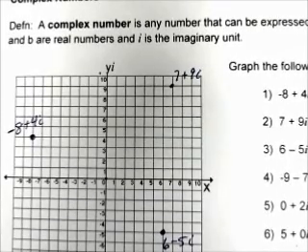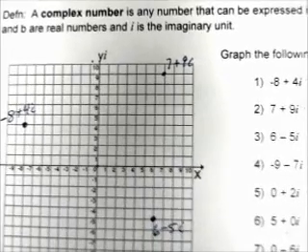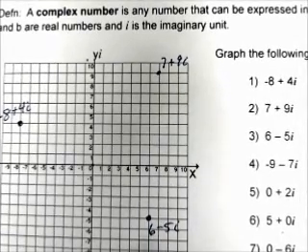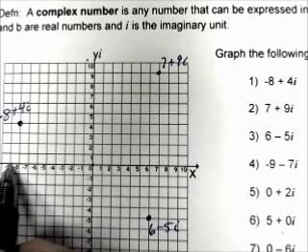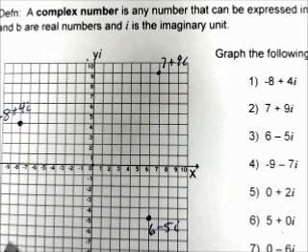Try the next 4, pause the video, try the next 4 if you like. Negative 9 minus 7i, negative 9 real number part, negative 7i imaginary.